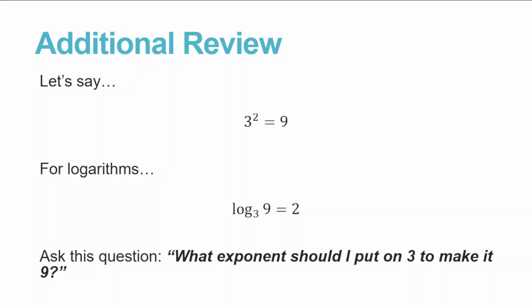You're asking, what exponent should I put on 3 to make it 9? The answer is 2, because 3 raised to 2, or 3 squared, gives you 9. So logarithms are exponents. They tell us how many times to multiply a base to get to a number.